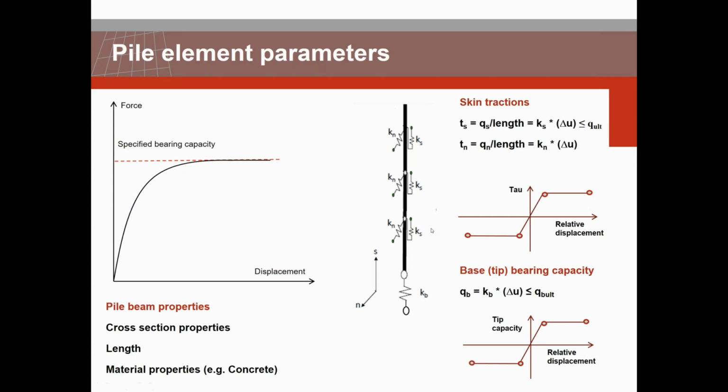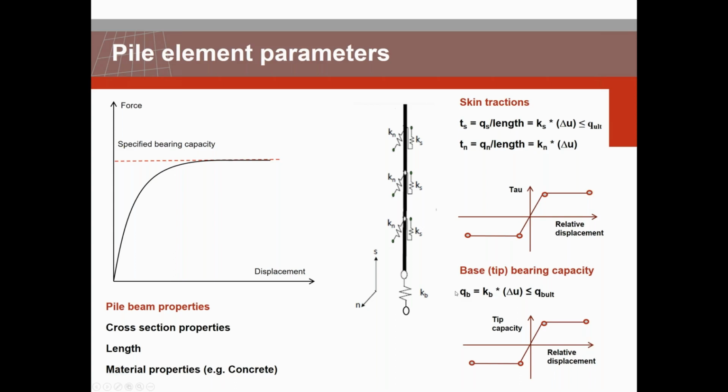The tractions that are related to this stiffness are Ts and Tn. The same goes for the tip bearing capacity, which can be seen as a spring with a stiffness Kb, and basically the base bearing capacity is Qb.